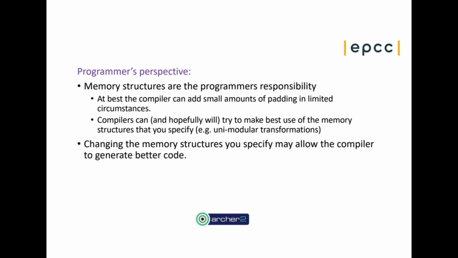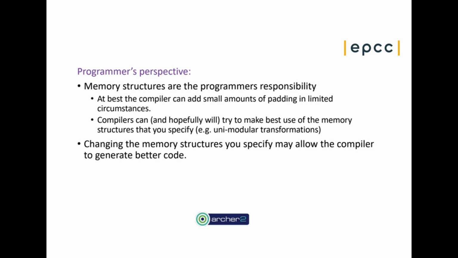However, at best, the compiler is very limited in what it can do with data structures. Compilers are good at transforming code and reordering instructions, but they are typically pretty limited in their ability to redesign or reorder data structures.